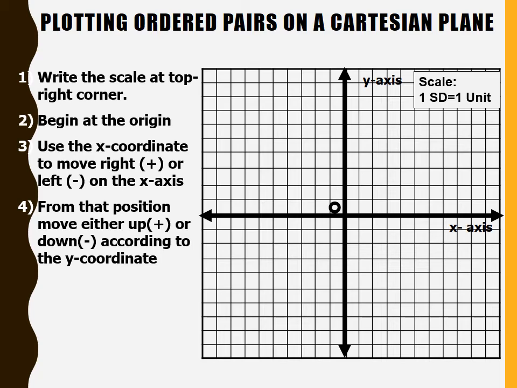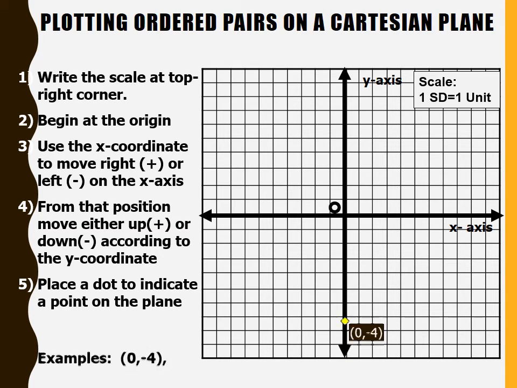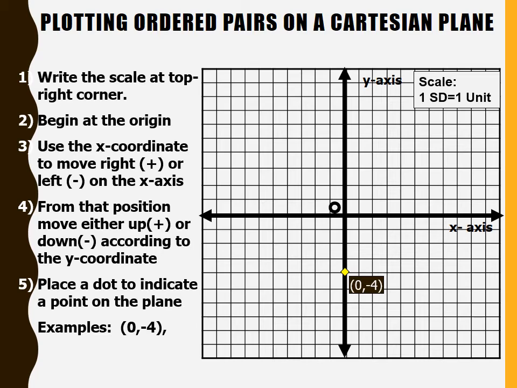From that position, we can move either in the positive or the negative direction according to the y coordinate along the y axis, and then place a dot to indicate a point on the plane. So, for example, 0, minus 4 can be plotted on the y axis in the negative direction.